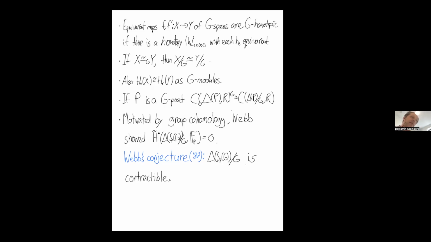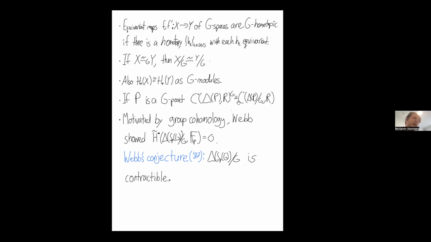A q-cochain is a map that sends each q-simplex to R. Being G-invariant means that if you permute the simplices by elements of G and apply the function, it doesn't change the answer. Well, that's the same thing as a function on the quotient complex to R.